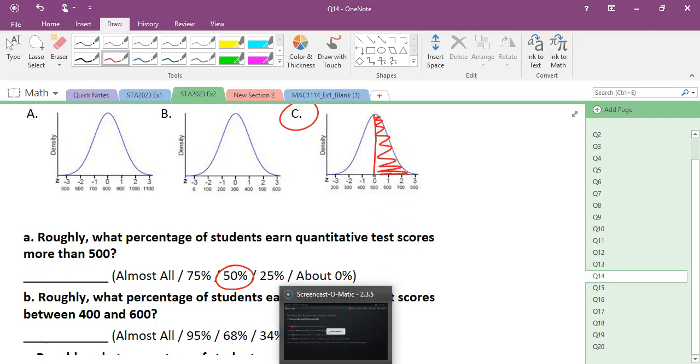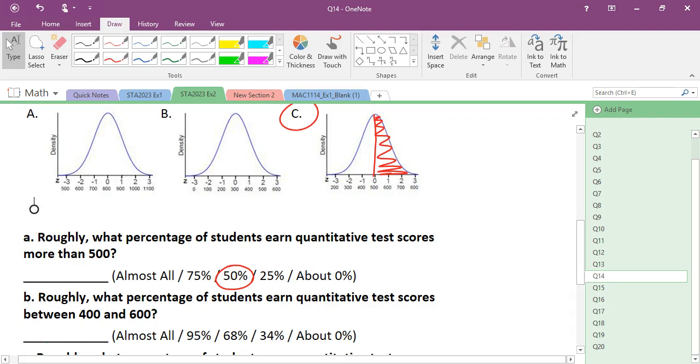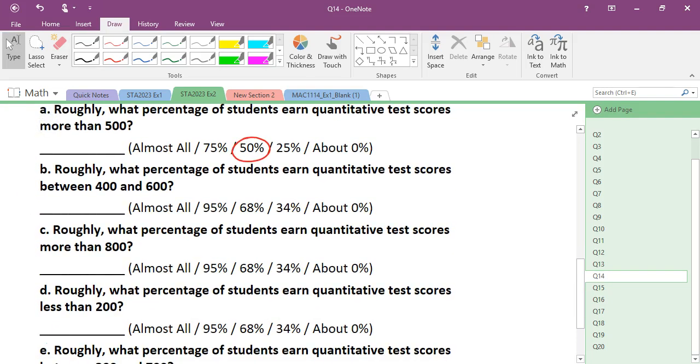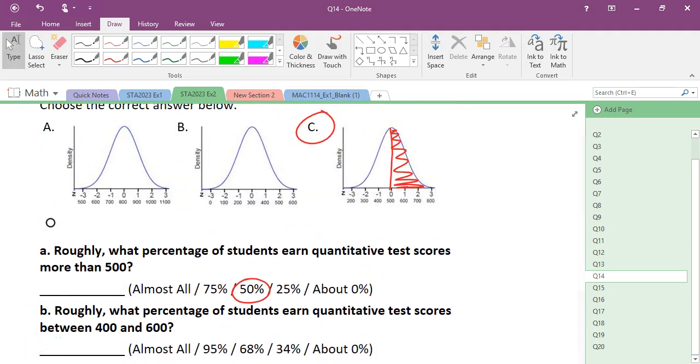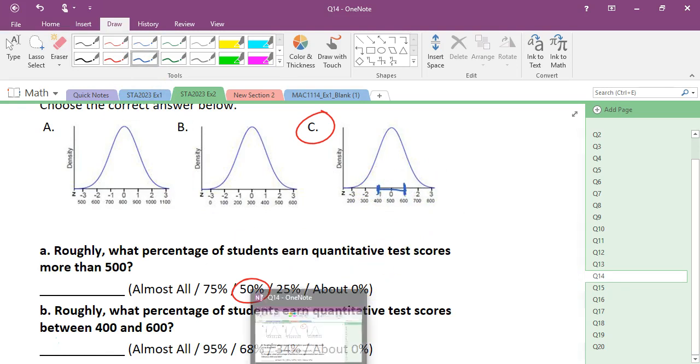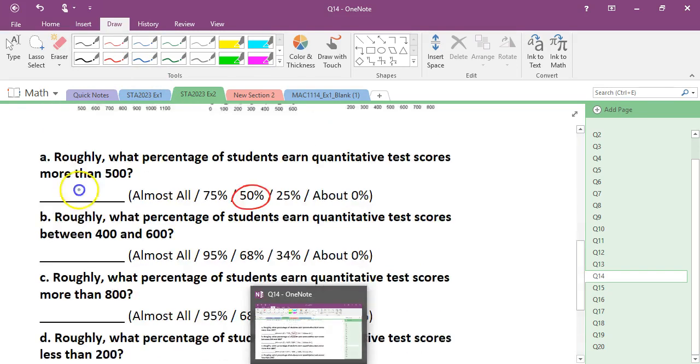So that's half of our graph. What percentage earn quantitative test scores between 400 and 600? 68, because you are within one standard deviation. 400 and 600, so definitely 68.